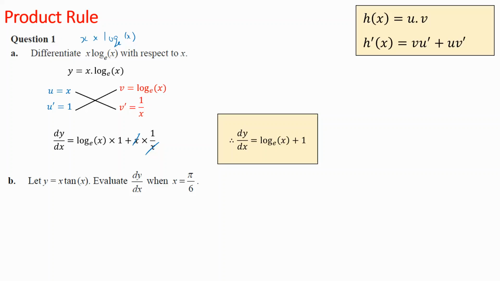This is 2 marks because you get 1 mark for the correct derivative and 1 mark for the correct evaluation at x equals pi on 6.